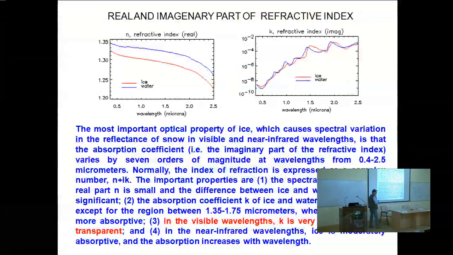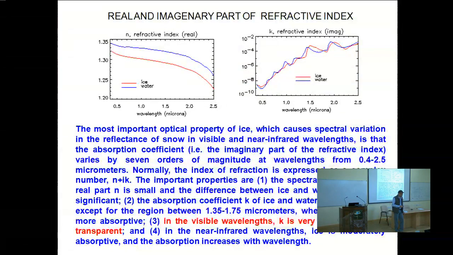If you look at the real part of the refractive index, as well as the imaginary part, which means the absorption, in the visible region there is no huge difference between ice and water. Correct? It's very close.